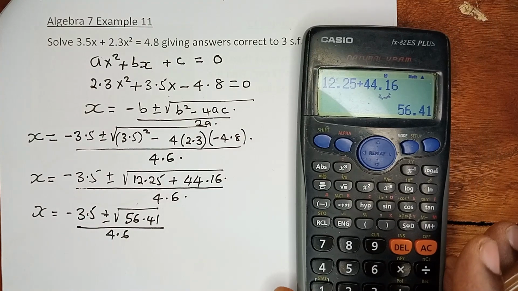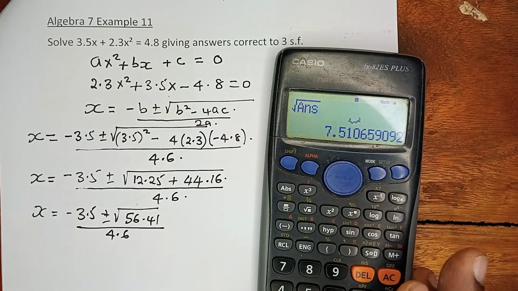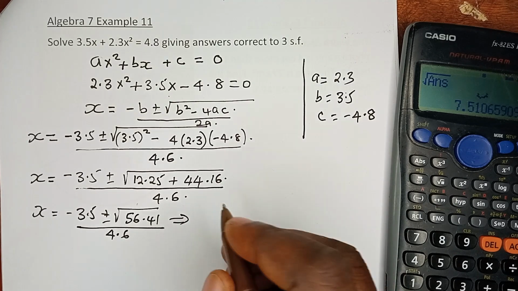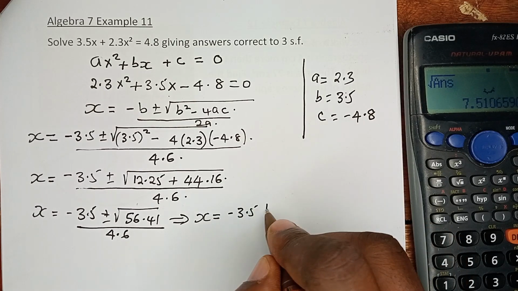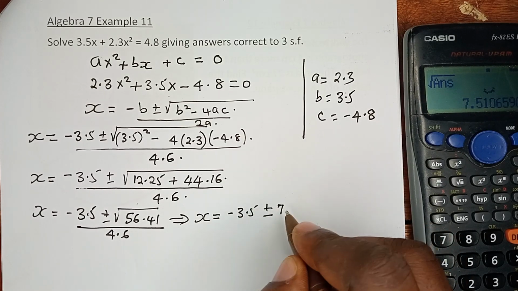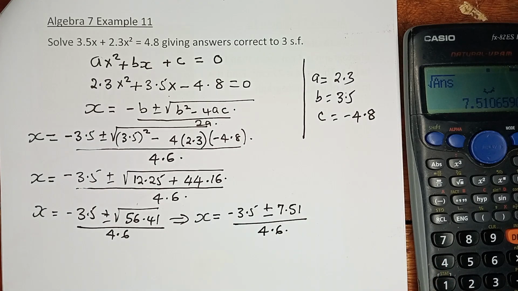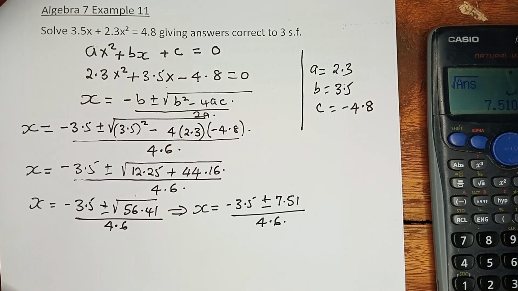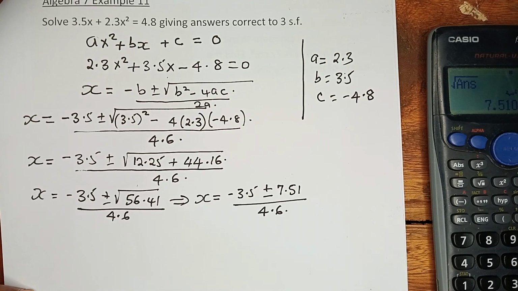And what is the square root of 56.41? This is going to be 7.51. So x is equal to minus 3.5 plus or minus 7.51 all over 4.6.